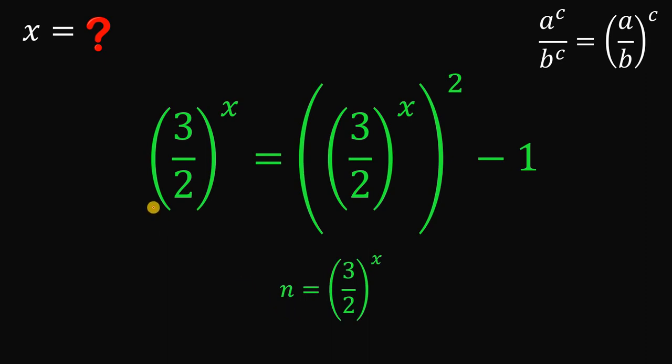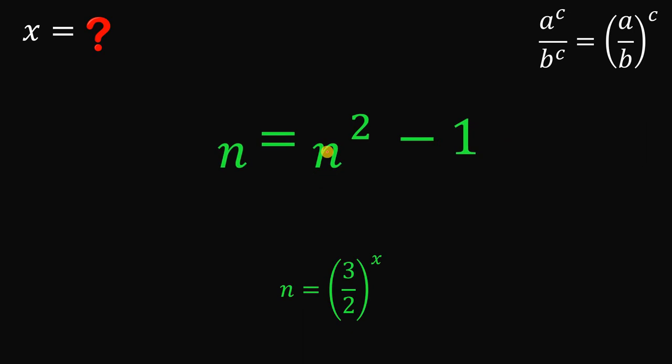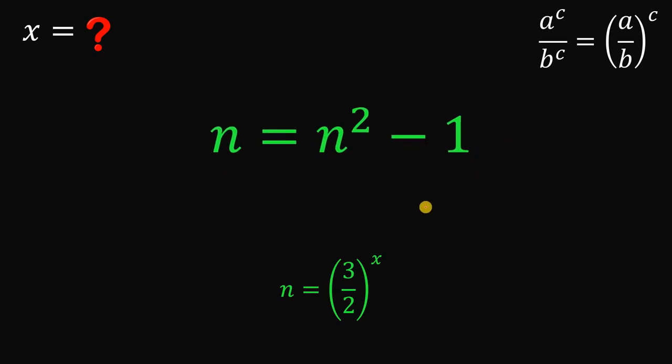Now, let n be equal to this expression 3 over 2 raised to the power of x. Now, our equation becomes n equals n squared minus 1, wherein this n is just 3 over 2 raised to the power of x.